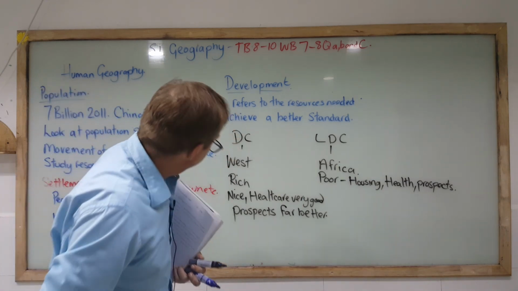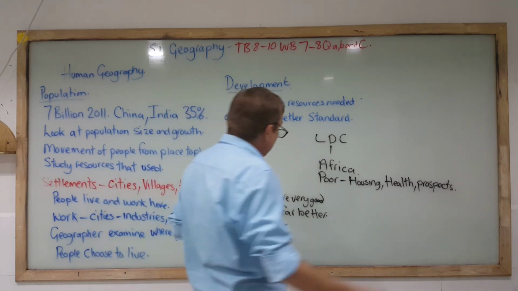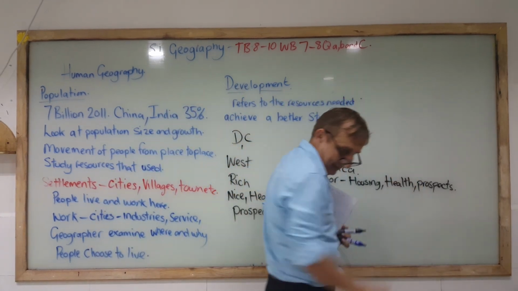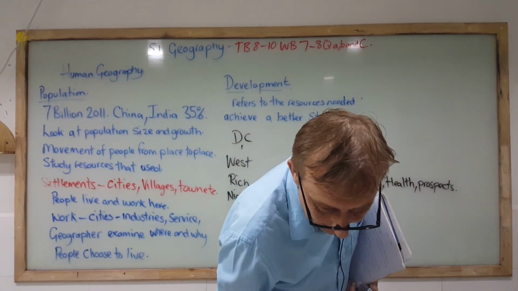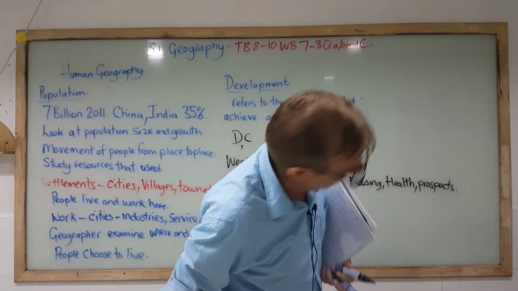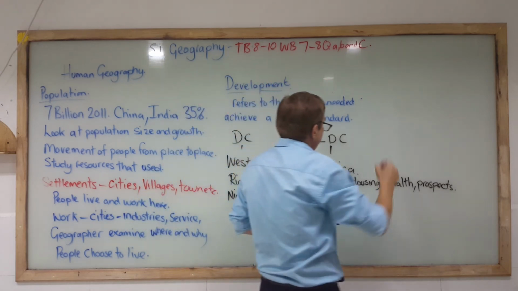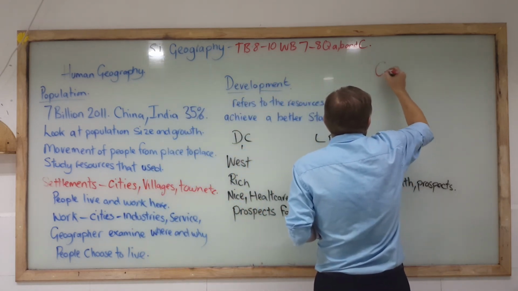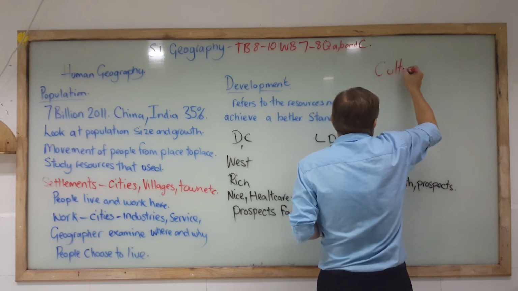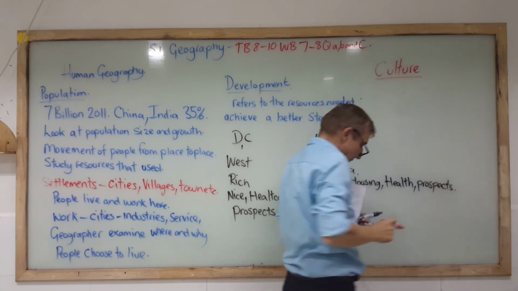Okay. The one other section that I'd like to look at, do they mention it in this page? Yes, they do. So in one of these pages, 8, 9 or 10, I want you to look for culture, because geographers also are interested in humans and their culture.